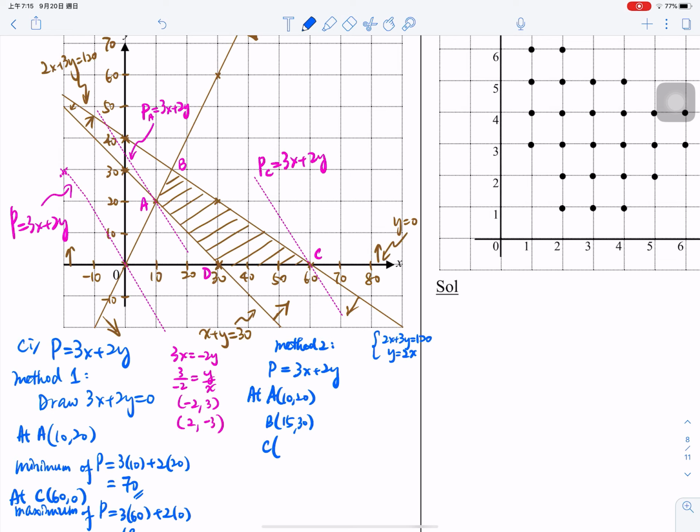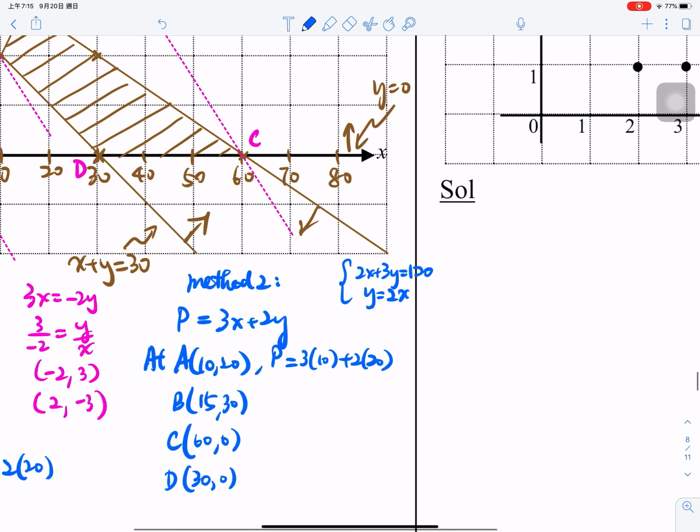How about C? 60, 0. How about D? 30, 0. Right. So P equals 3 times 10 plus 2 times 20, so this one equals 70. B, 3 times 15 and then 2 times 30, so this one is 105.